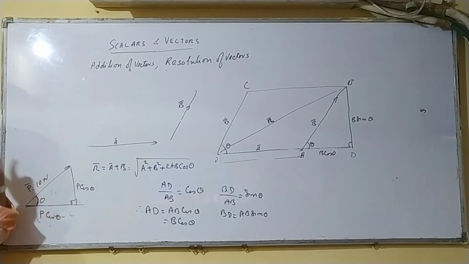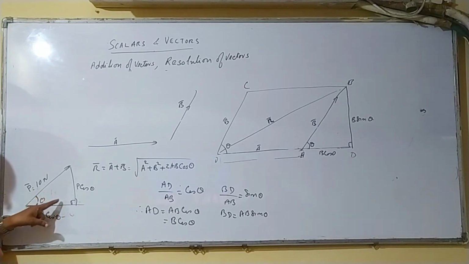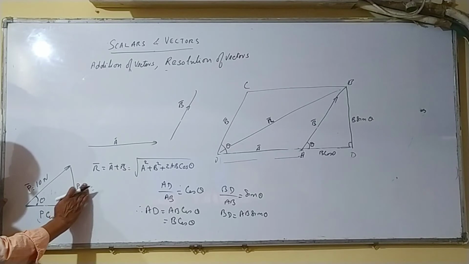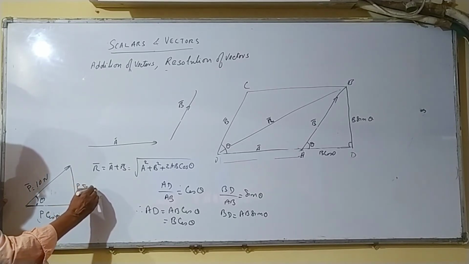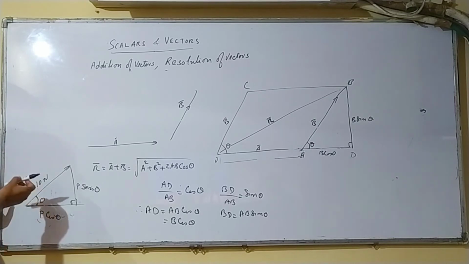Remember, any time, this is the adjacent side, the theta side. The theta side will always be P into cos theta. Opposite, perpendicular to that, will be P sin theta.